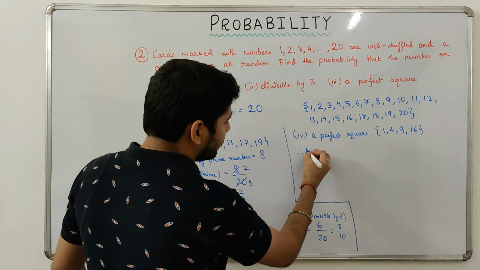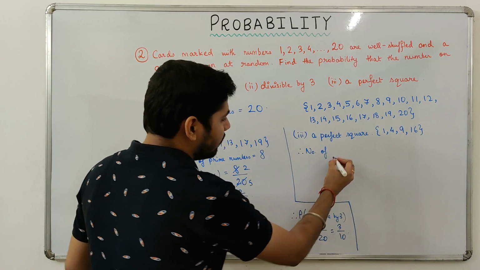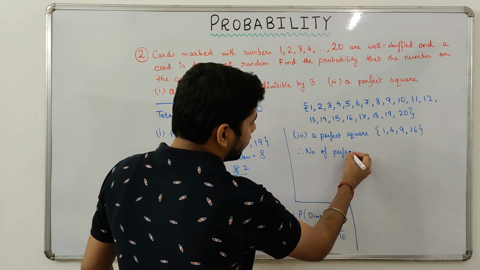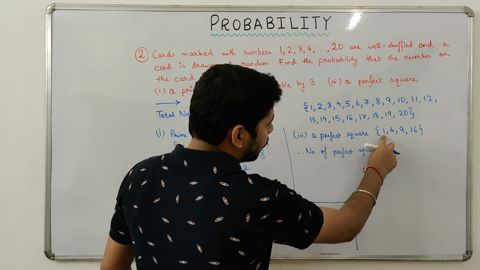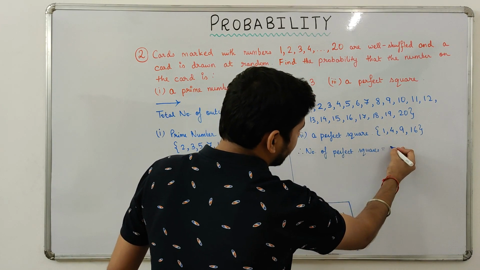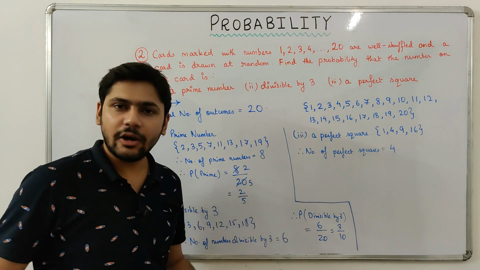Therefore, number of perfect squares is equal to 4. Now we can easily calculate the probability.